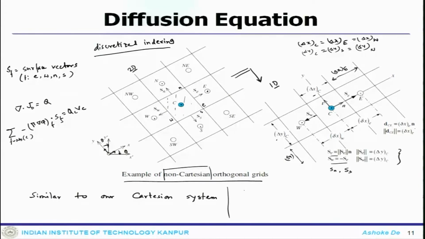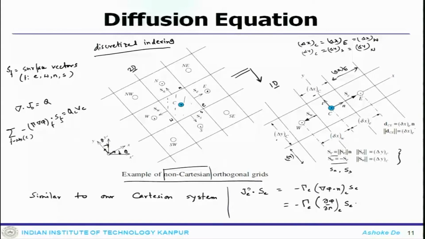So when you calculate J E dot A C, this would be minus gamma E grad phi dot n E A C, which is essentially minus gamma E del phi by del n at the east face times A C.